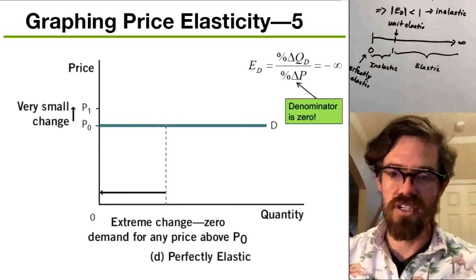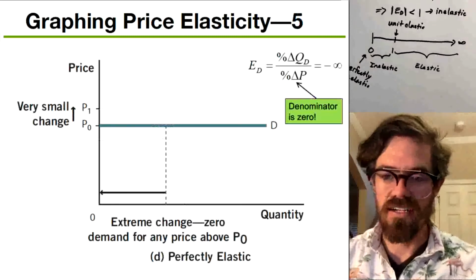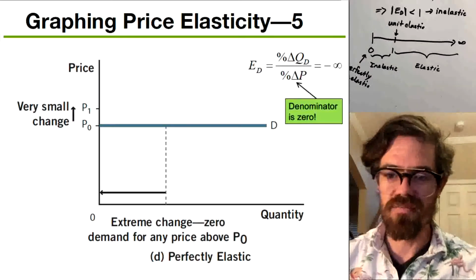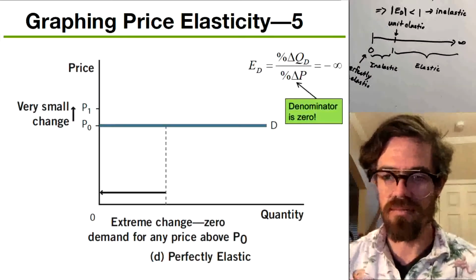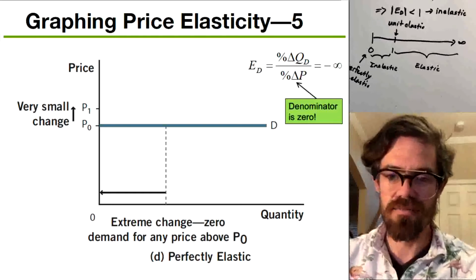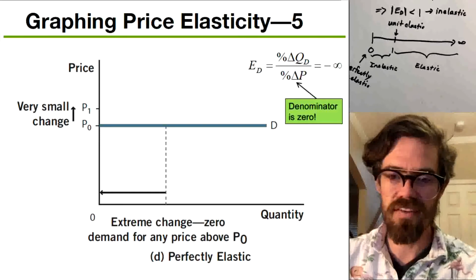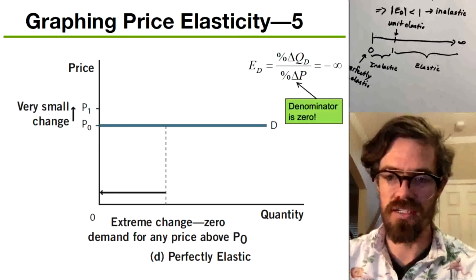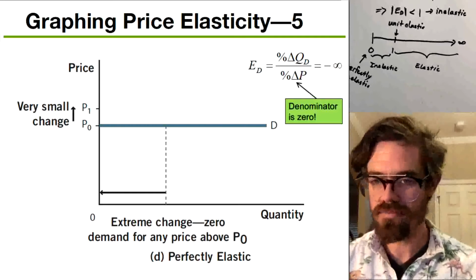And then the other extreme is perfectly flat, a horizontal demand curve. This is maybe a little bit harder to think about, but this is basically when, given even a very small change in price, we have basically an infinite change in quantity demanded.